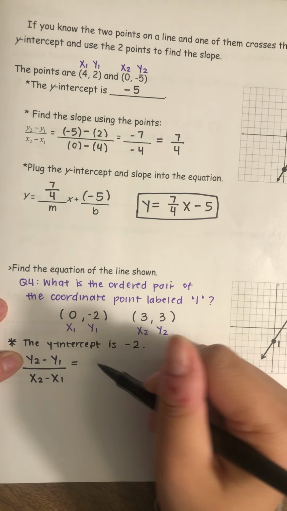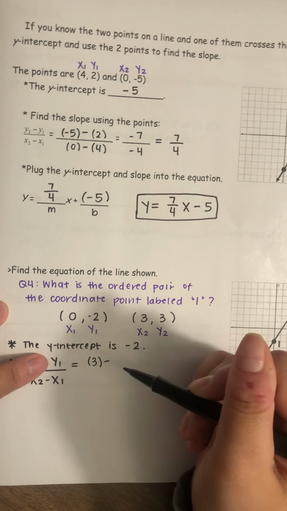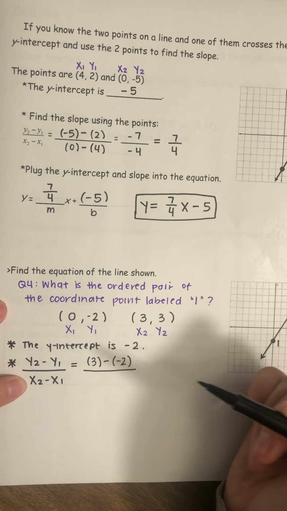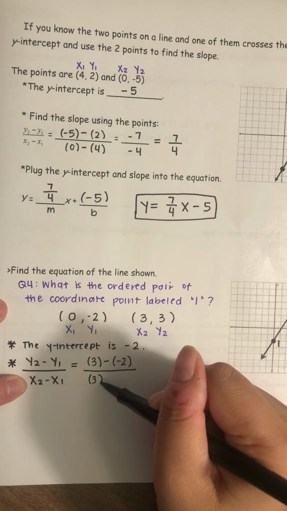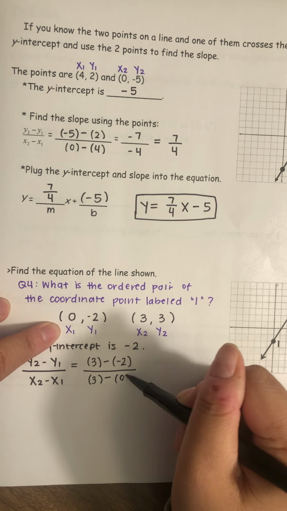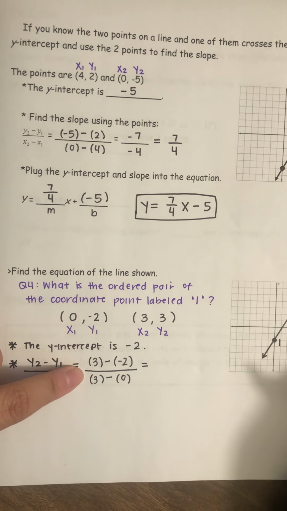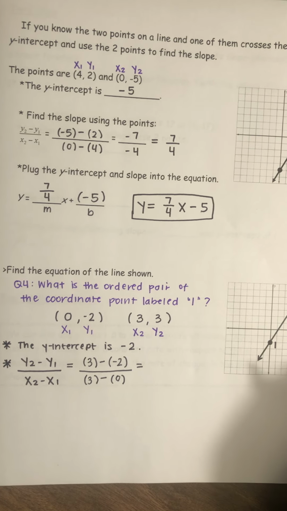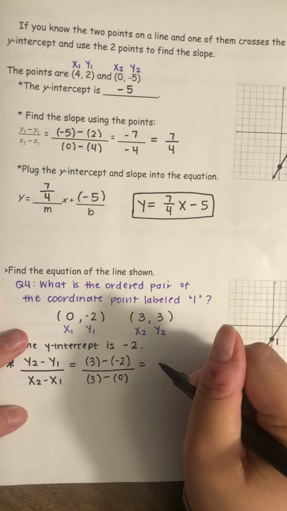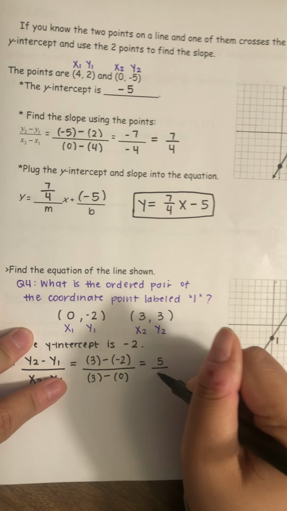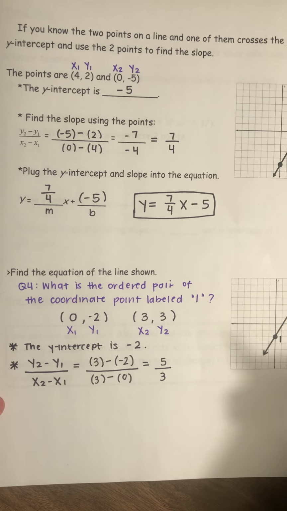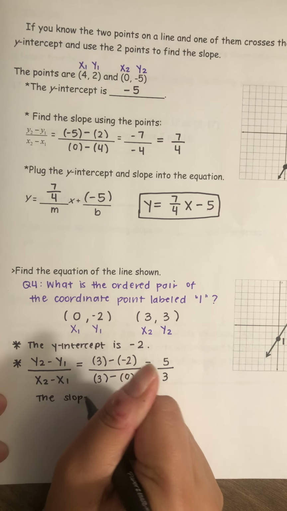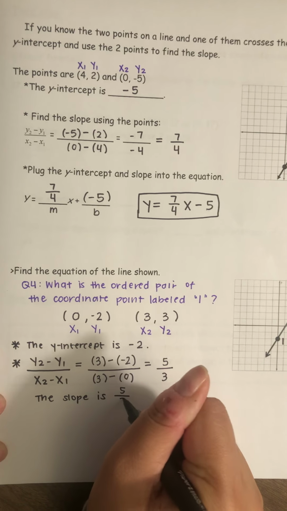So we said y2 is 3 minus y1, which is a -2. x2 is also a 3, and x1 is a 0. And then I will just solve. So 3 minus a -2 is the same thing as 3 plus 2, which is a 5. And 3 minus 0 is 3. So now we can say the slope is 5/3.